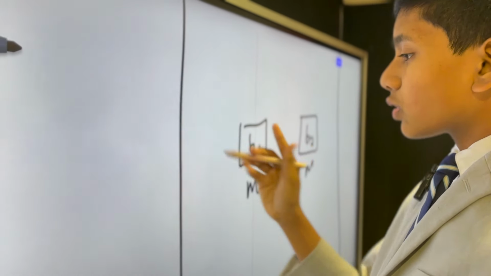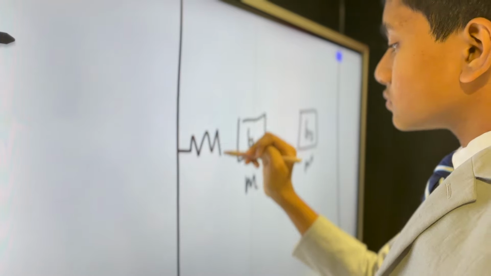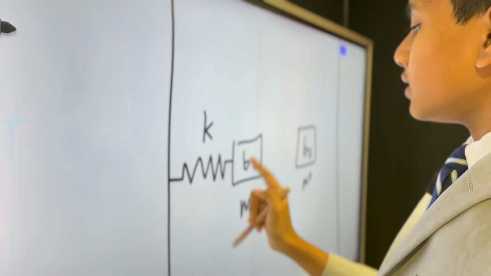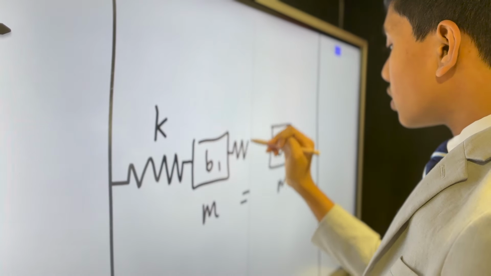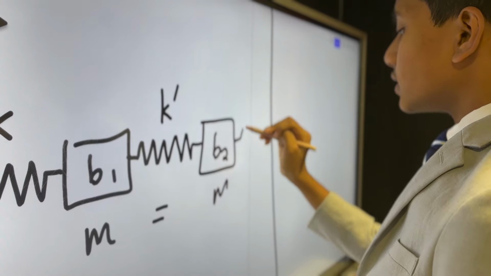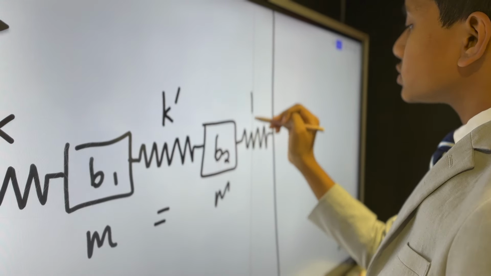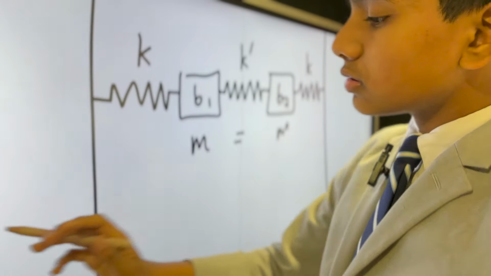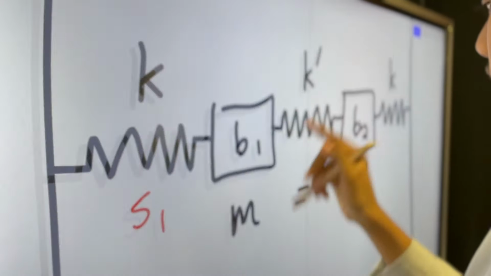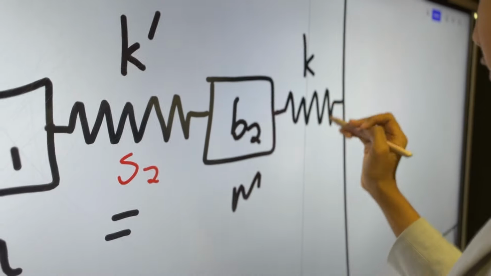So then we're going to have spring 1 with spring constant k, spring 2 with spring constant k prime, and spring 3 with spring constant also k. And we're going to call these spring 1, spring 2, and spring 3.